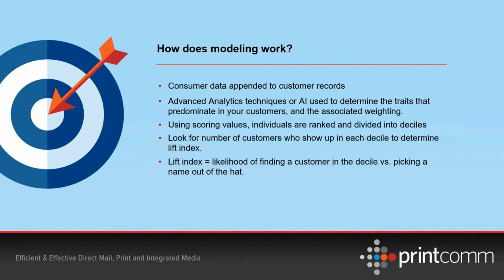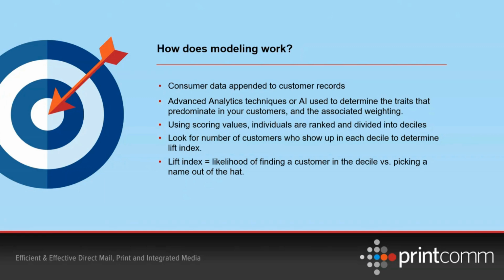You just put all these weights together to develop scoring values, and you can then score each individual consumer that you're evaluating for a prospect mailing using the model, and you then can divide them up into deciles.